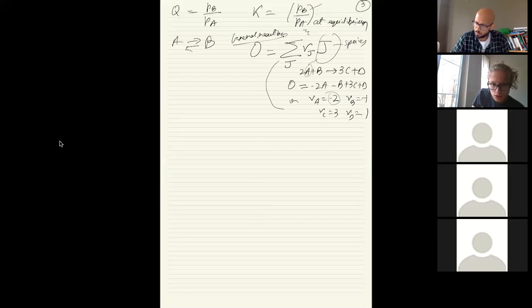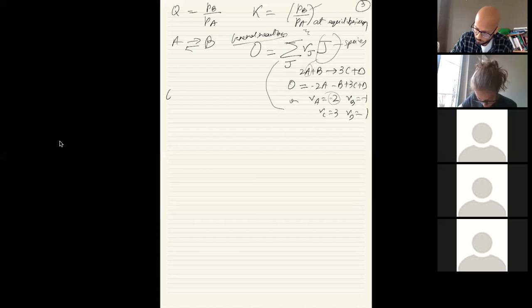B is the second value of J, which has the stoichiometric coefficient minus 1. You bring everything to one side, so you have a plus sign for the products in your original reaction and a negative sign for the reactants. It's just a concise way of writing the reaction.